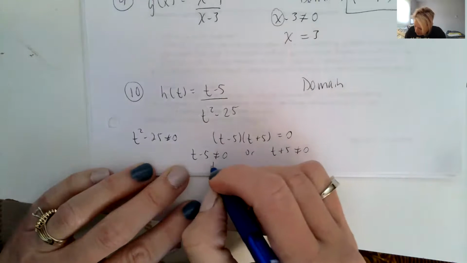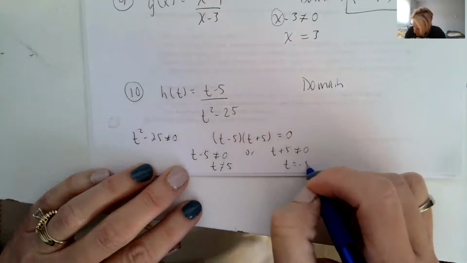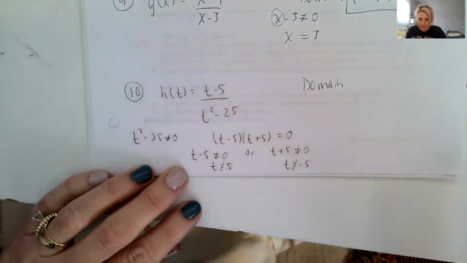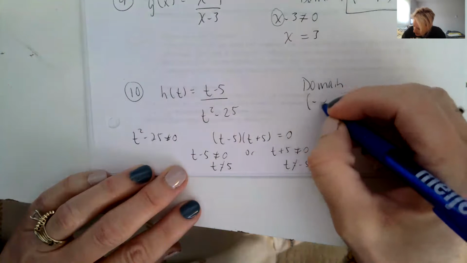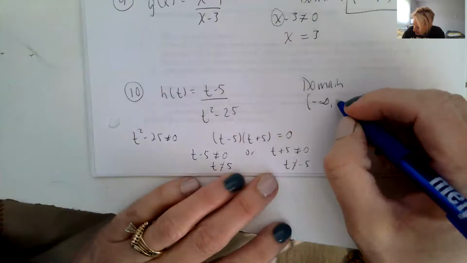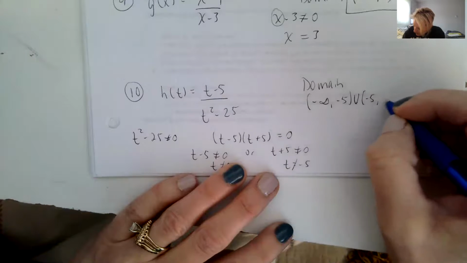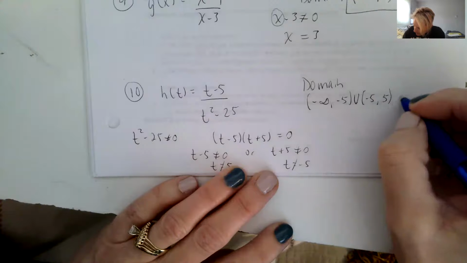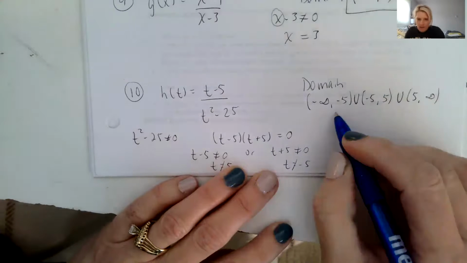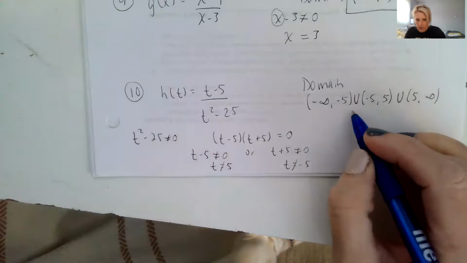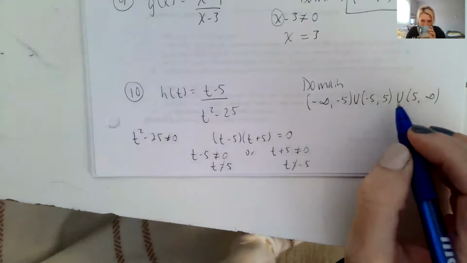So that means that t cannot equal 5 exactly, or it cannot equal negative 5 exactly. So our domain's a little bit bigger. It's negative infinity to negative 5, union negative 5 to positive 5, union positive 5 to positive infinity. So we have 3 spaces, which have just a hole at negative 5 and a hole at positive 5.